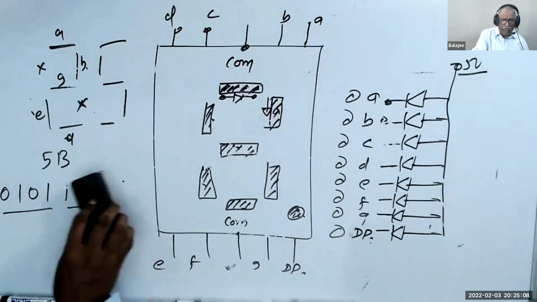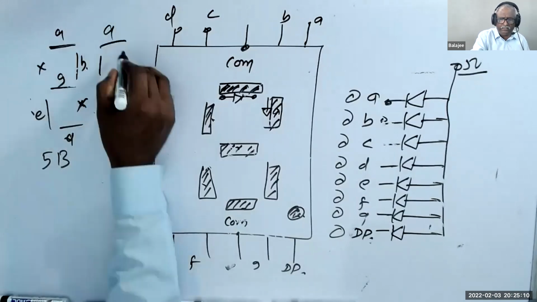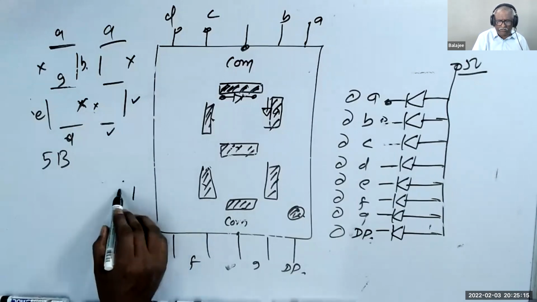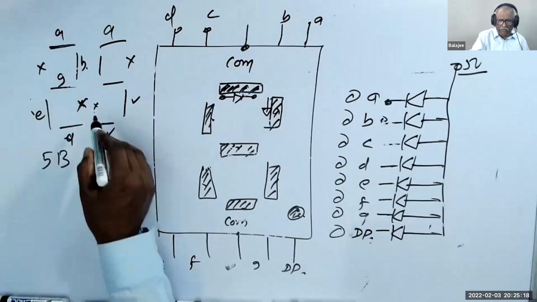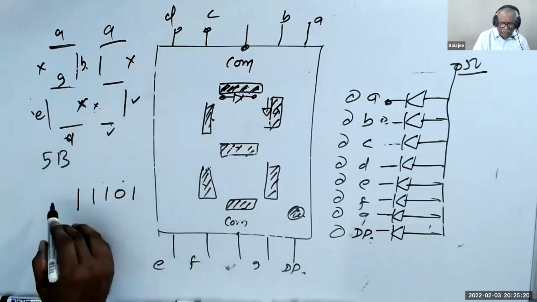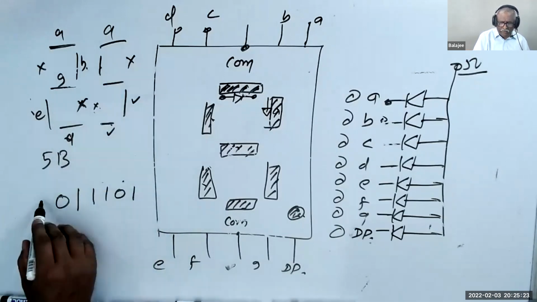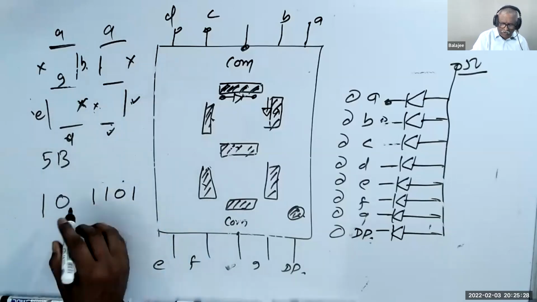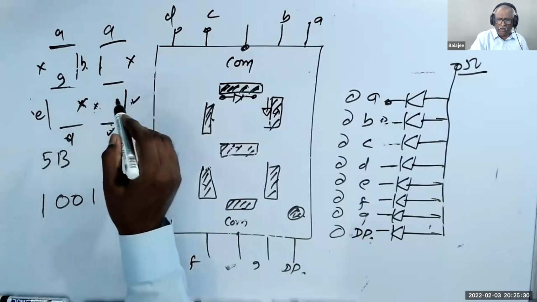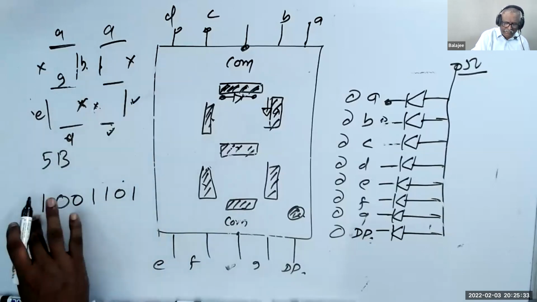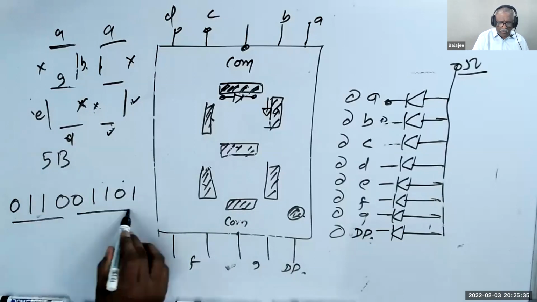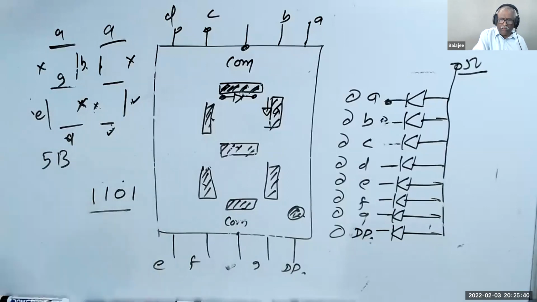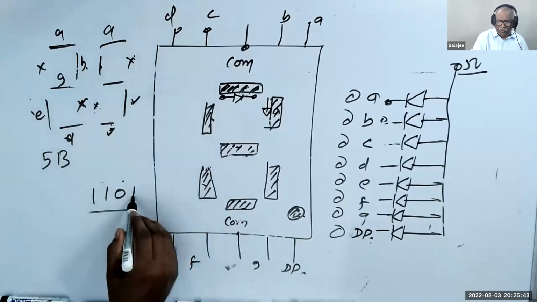Now let us talk about 5. A, B, C, D, correct, 1, 0, 1, 1.